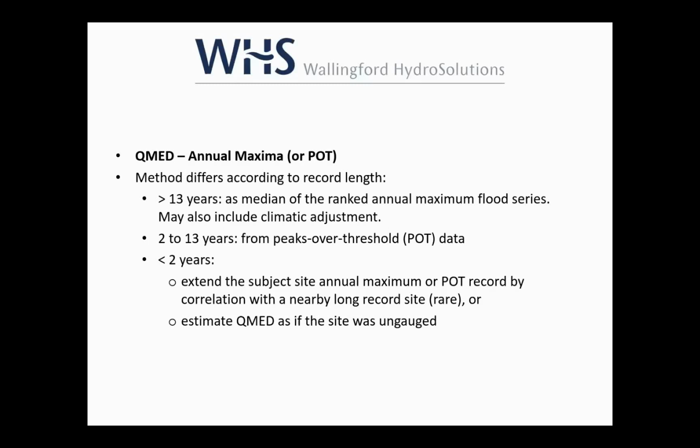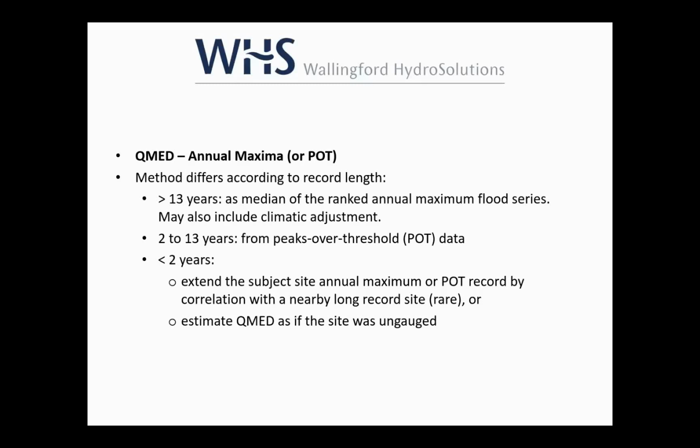If there's abstractions upstream of the site, that may also be a cause for concern. The NRFA peak flows dataset does give you information on QMED suitability, so that's worth looking at before using the annual maxima QMED estimate.